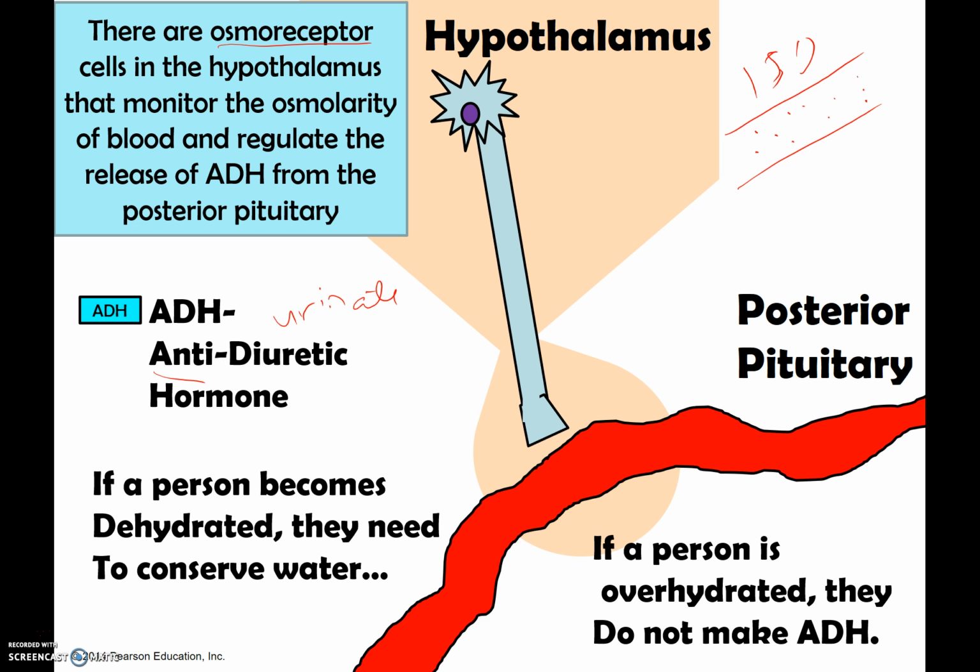Now on the opposite, if a person is overhydrated and their blood is becoming hypotonic and there's too much water, would the hypothalamus make ADH? No. Instead, it's going to lower or stop production of ADH because we do need to get that excess water out.